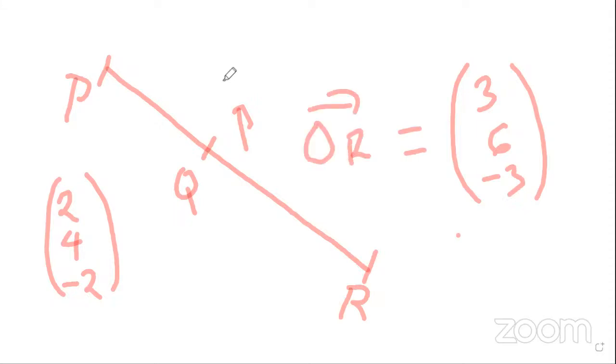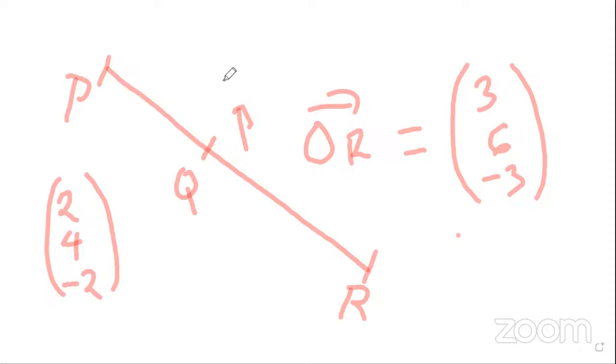Now, how do you check whether one is a scalar multiple of the other? You can take each element, divide by the corresponding element, and see whether there is some consistency.